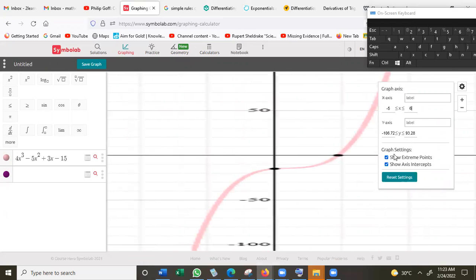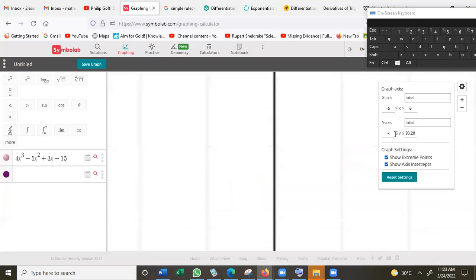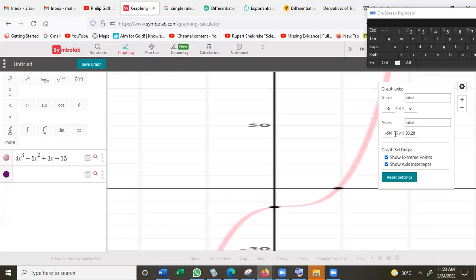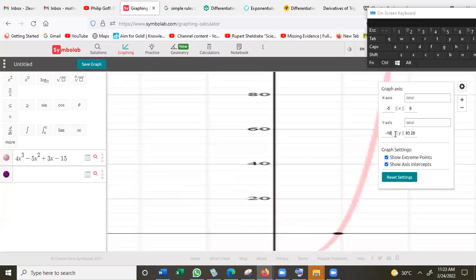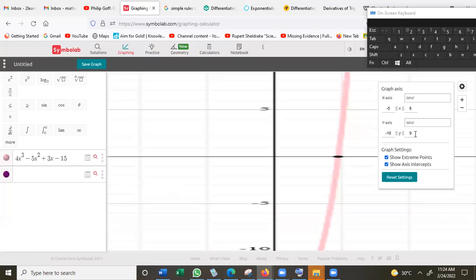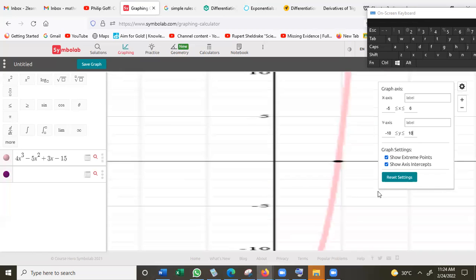And the y, you can put as negative 50 or negative 10 and positive 10.